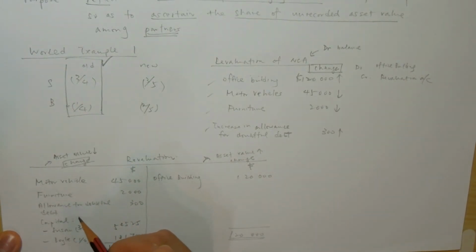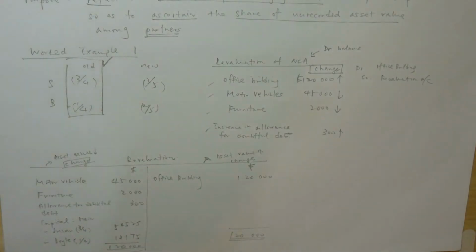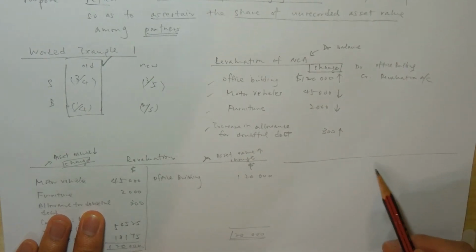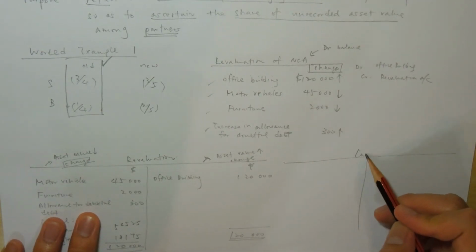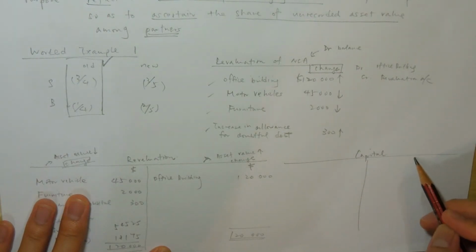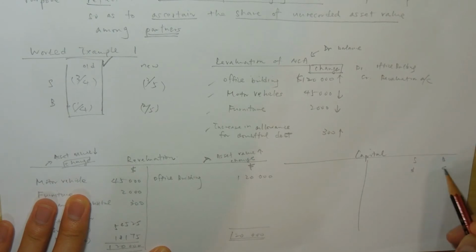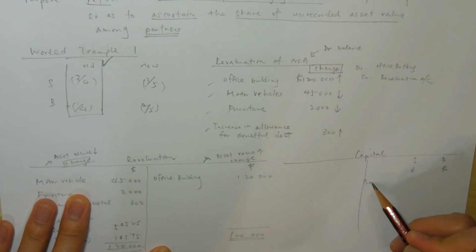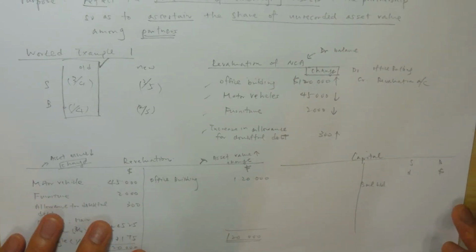This one should be a gain. Okay, gain on revaluation. And for the capital account, Susan and Polly, normally their balance brought down.